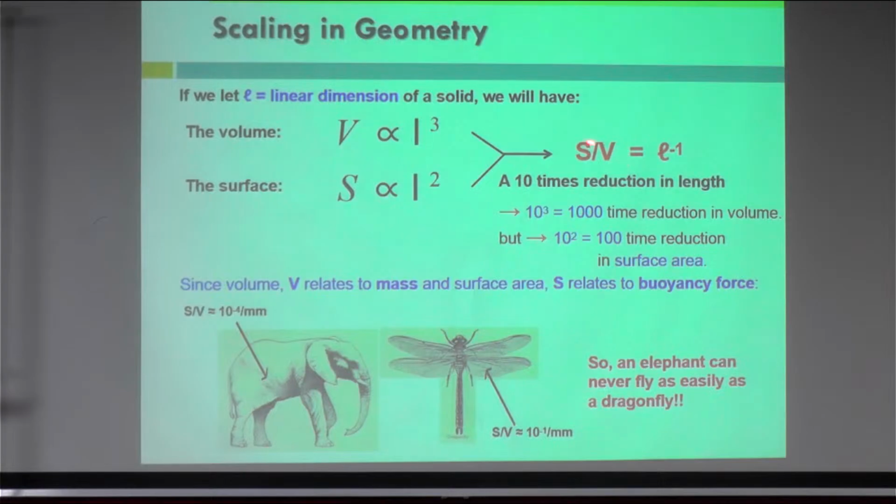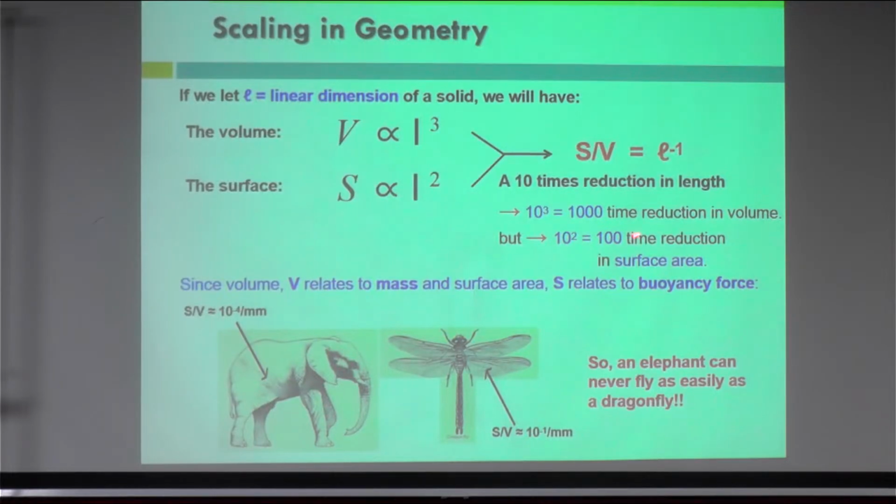The ratio of S to V is L to the power of -1, from the exponents 3 and 2. So a 10 times reduction in length will cause a 1,000 times reduction in volume. That is the consequence of changing the dimension. Just one dimension, and you will change the volume 1,000 times.